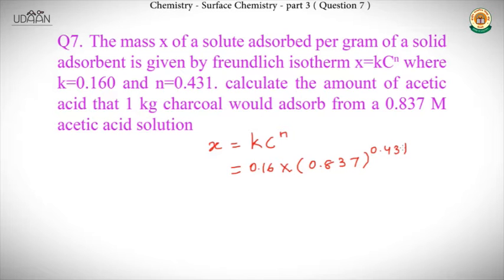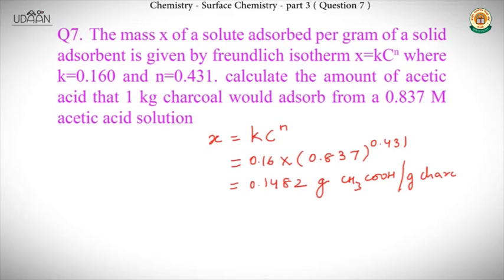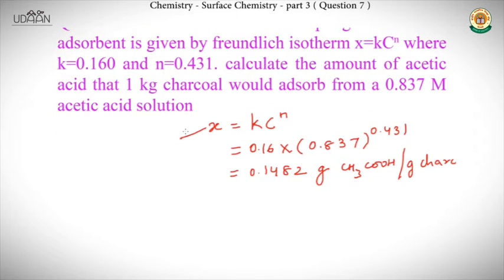Solving this, I get 0.1482 gram of acetic acid per gram of charcoal. Whether you take kg by kg or gram per gram doesn't matter, because it's unitless.